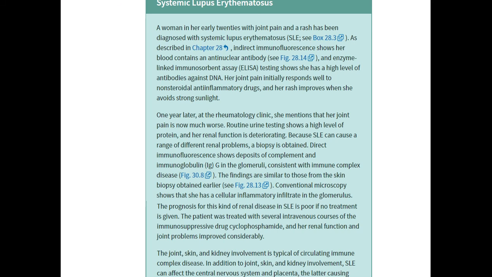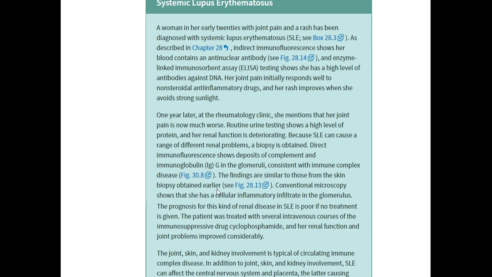Or, for example, in SLE, systemic lupus erythematosus, here the immune complexes, the antigen is usually DNA, and the antibody is anti-DNA, and those immune complexes will precipitate in the different tissues of our body, and wherever they precipitate, complement will be activated.